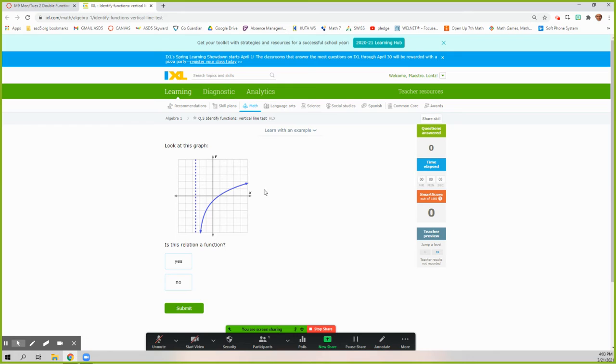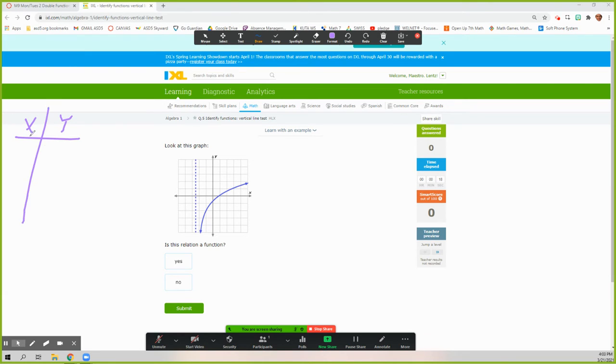And remember, if it's a graph and it's asking, is it a function? This IXL has two parts to it. So the first thing is, earlier last week, we talked about if I had a table and it was just asking me x values 3, 4, -5, 7, and y's were 2, 2, 8, and 5, whatever.